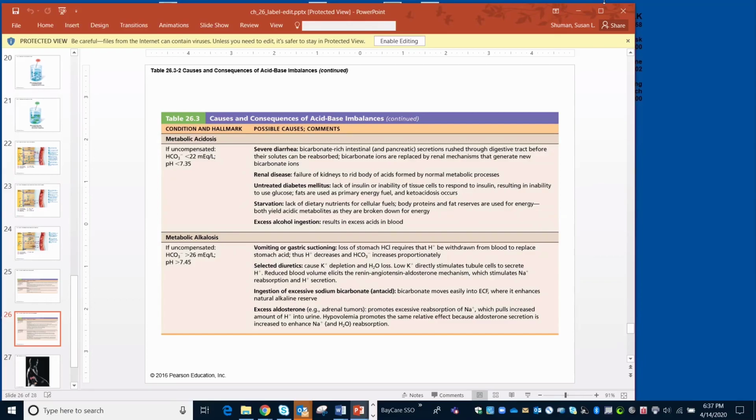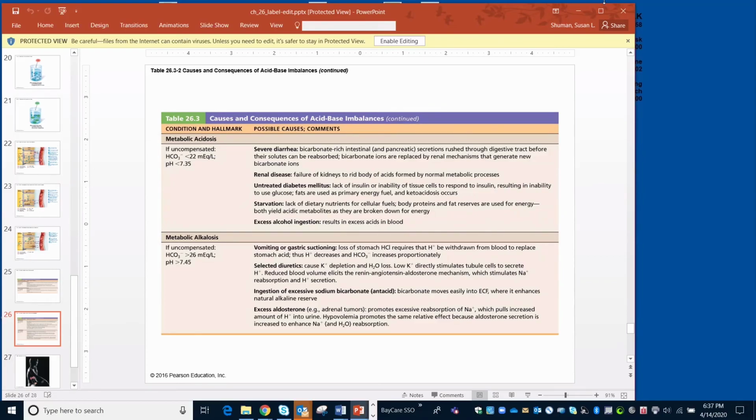If carbon dioxide goes up, that shoots the pH down. If carbon dioxide drops, it shoots the pH up. With bicarb, with metabolism, if it goes up, pH goes up. If it goes down, pH goes down. So I look at my pH and then at these values down here.